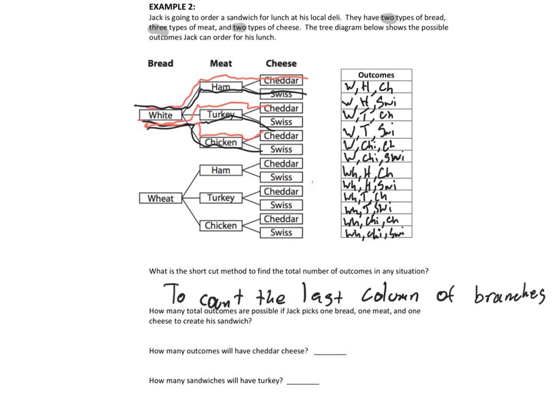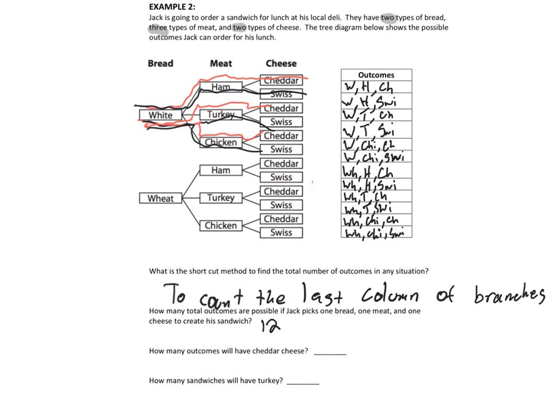So the next thing says, how many total outcomes are possible if Jack picks one bread, one meat, and one cheese to create a sandwich? So we need to count up the last column. 1, 2, 3, 4, 5, 6, 7, 8, 9, 10, 11, and 12. So it would be 12 outcomes.